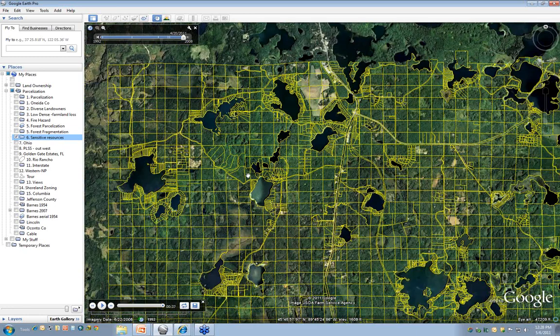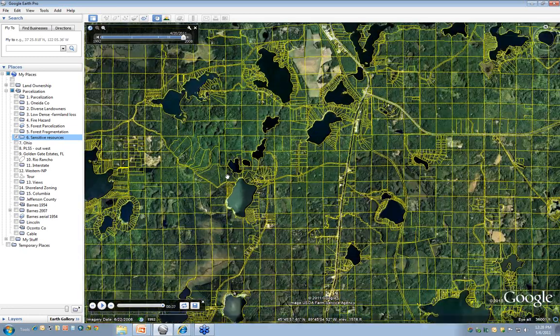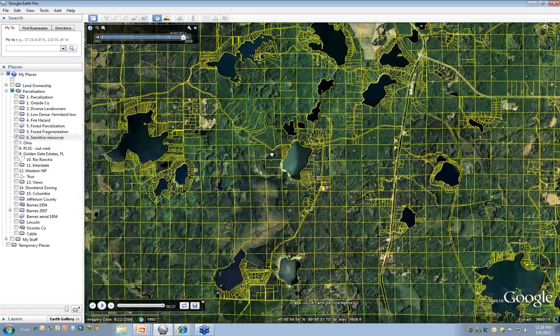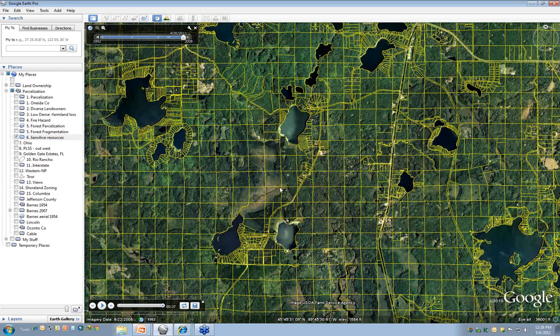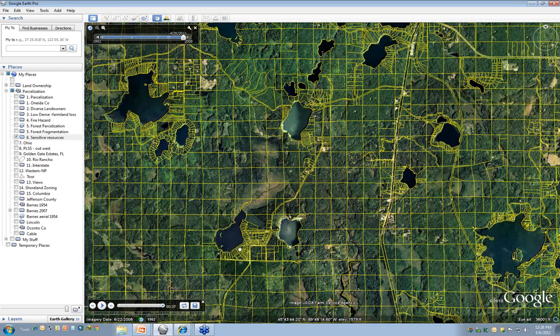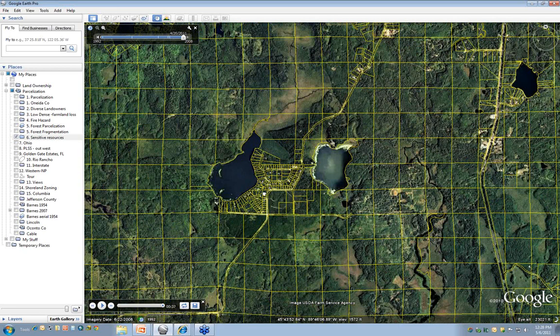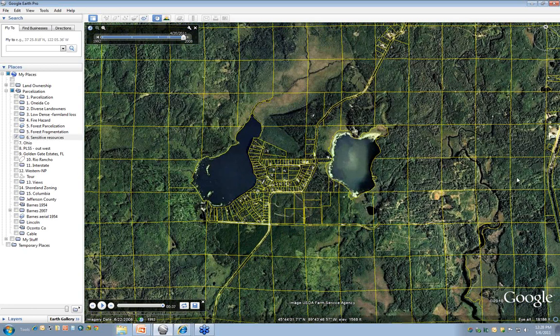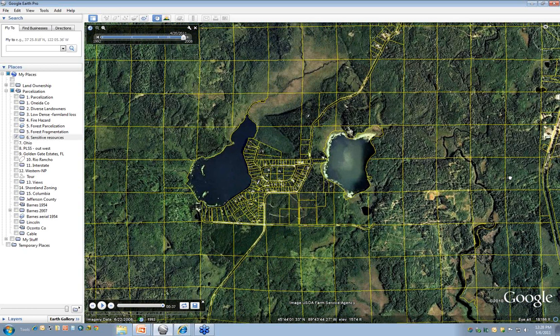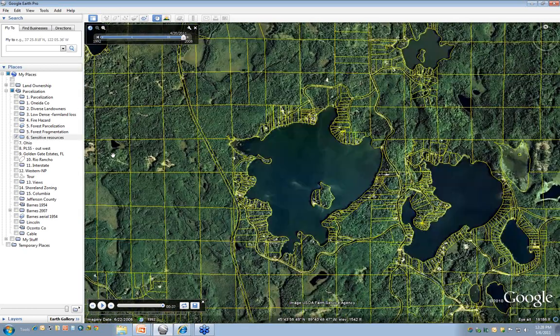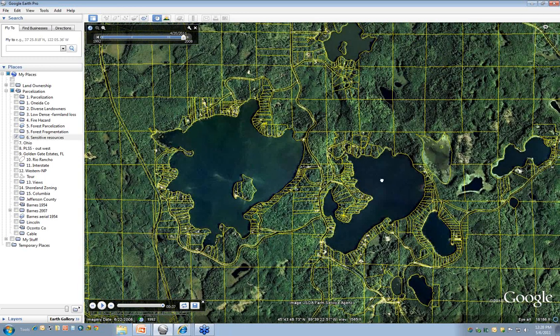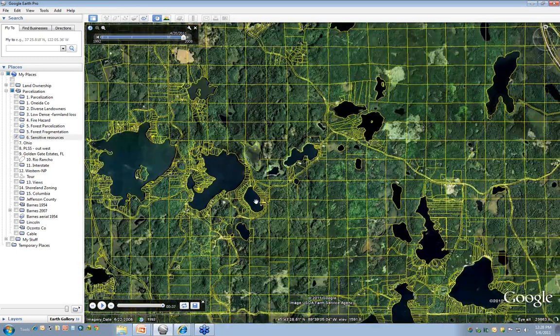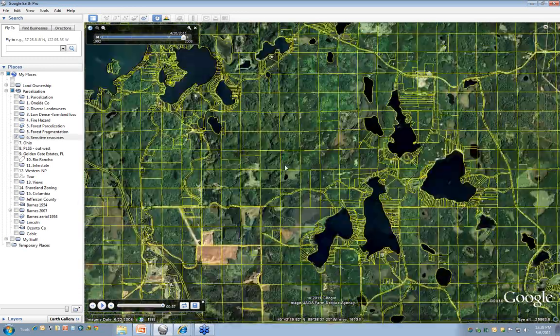Now granted, keep in mind this area is very remote, it's very rural, but looking at the parcel landscape, you can see that most of these lakes are heavily parcelized, adding to increased runoff, and a lot of these lakes do have issues with runoff and water quality.